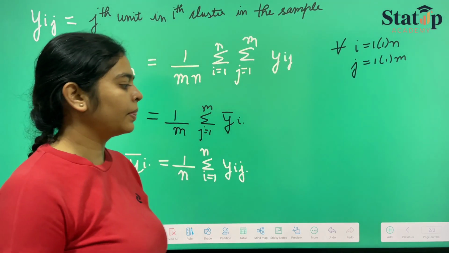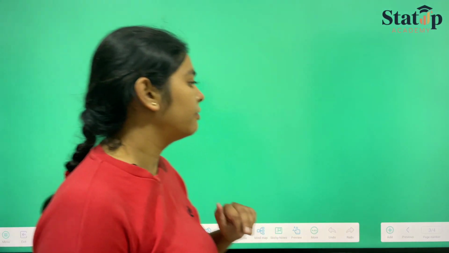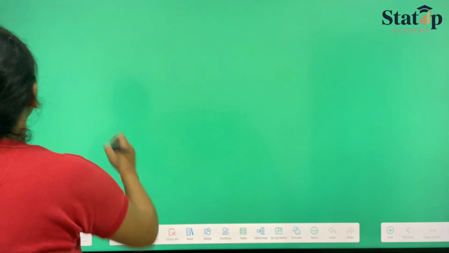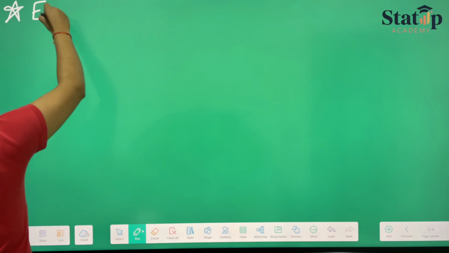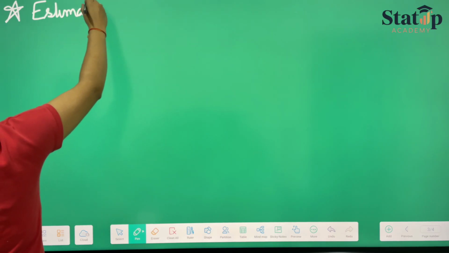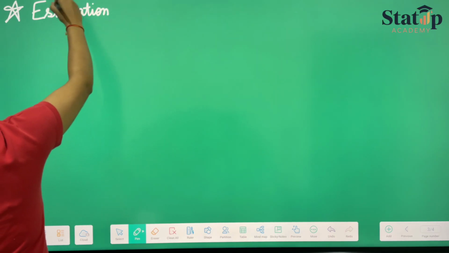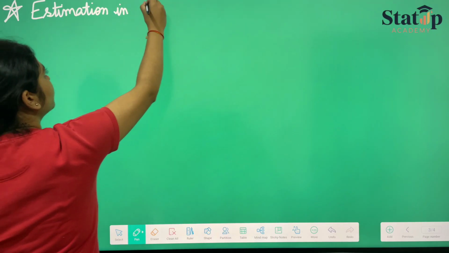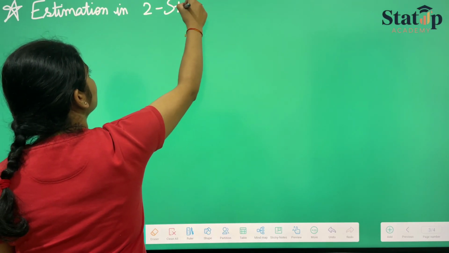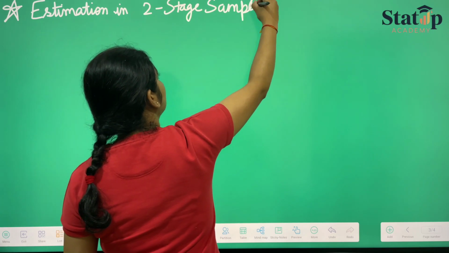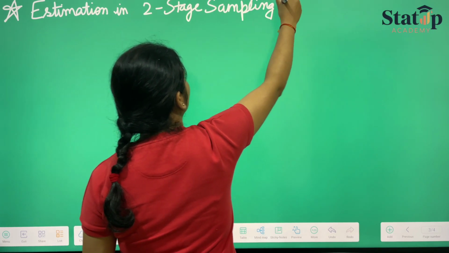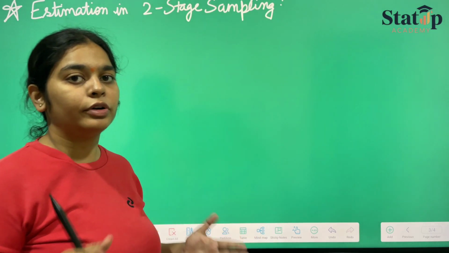So these were some important notations in two-stage sampling. Now moving on further, we'll derive the estimation method. How does estimation occur in two-stage sampling? Now again I'm telling you, two-stage sampling and two-phase sampling are two different topics.